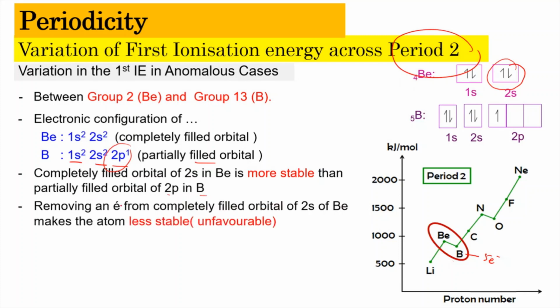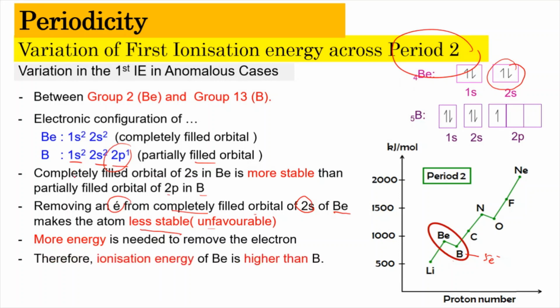Removing an electron from the completely filled 2s orbital of beryllium makes the atom less stable, which is an unfavorable process. Because of this, more energy is needed to remove the electron from this stable state, and hence the ionization energy of beryllium is higher than boron.